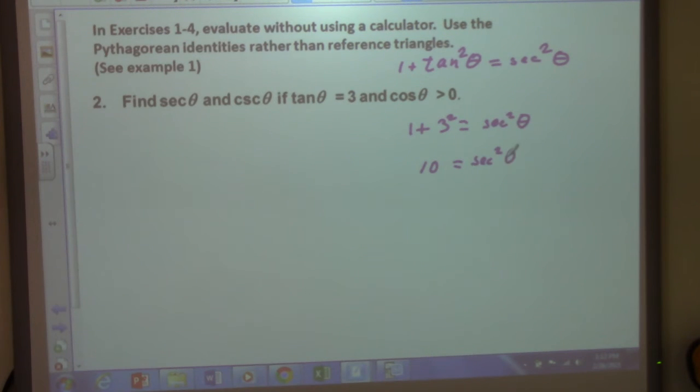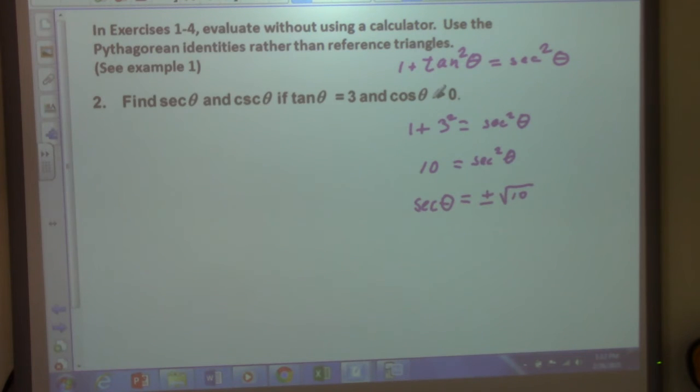So what is your secant theta going to be? Okay, so it's going to be plus or minus square root of 10, right? So really we found secant theta, except it's going to be plus or minus here.